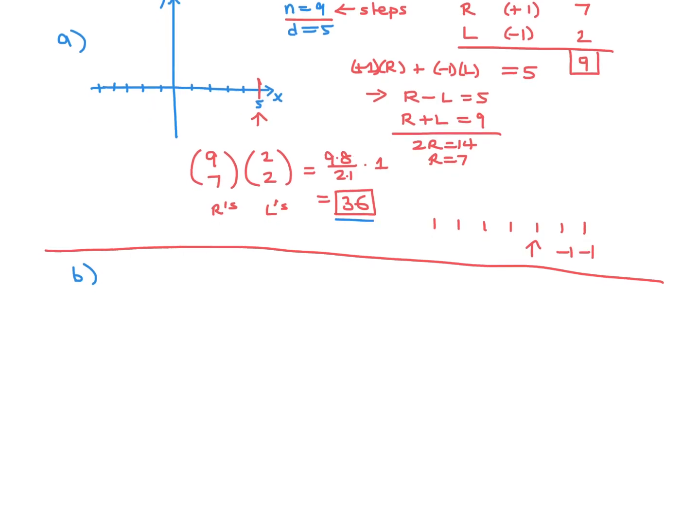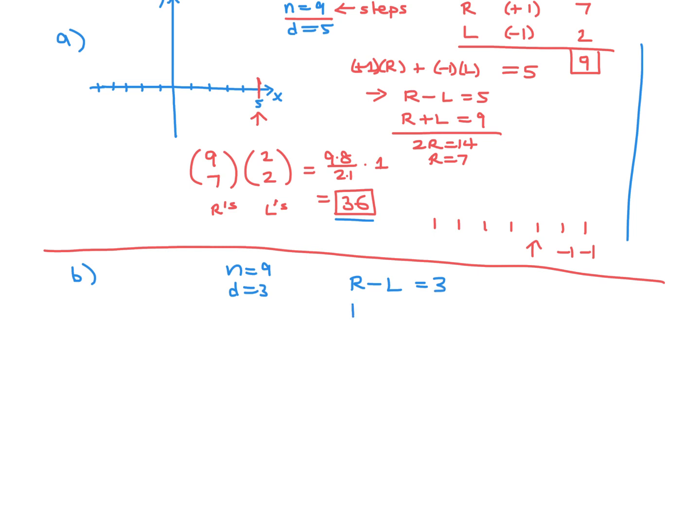Okay, so here we go. First, let's figure out all this stuff here. So this time n equals 9 and d is equal to 3. So as before, r minus L is our final destination, which in this case is d, 3.